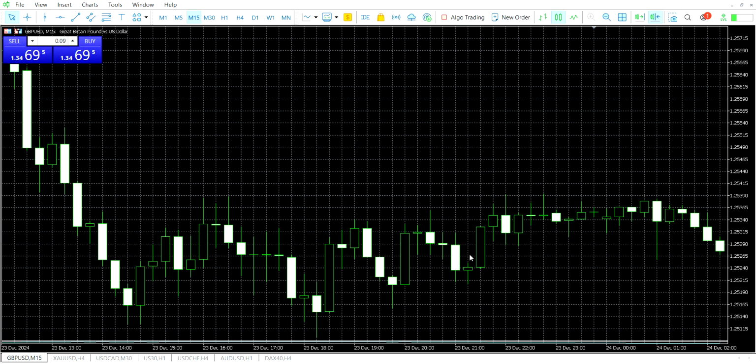Then we see the potential turning candlestick, when the price was opened in the first zone and closed somewhere in the middle, in the first zone. Then we have a very strong bullish candlestick.